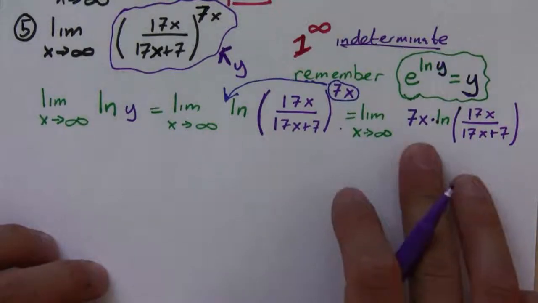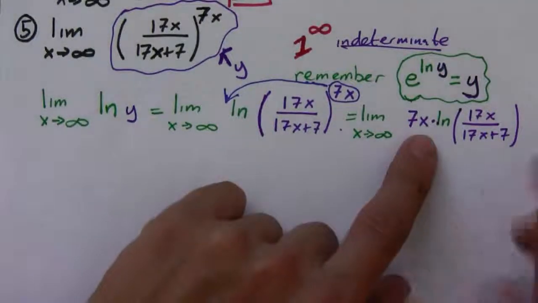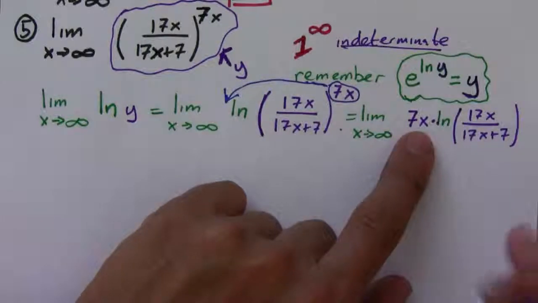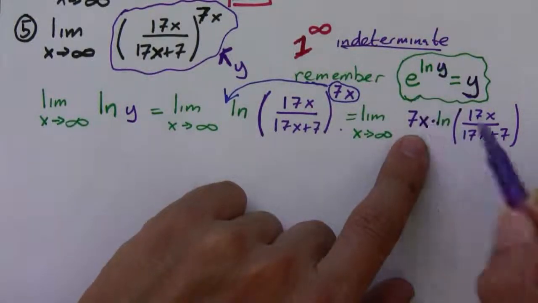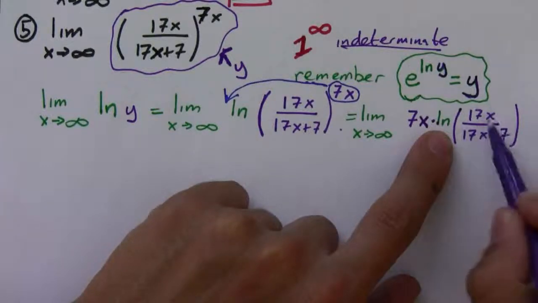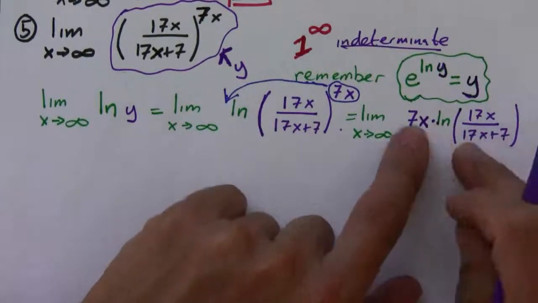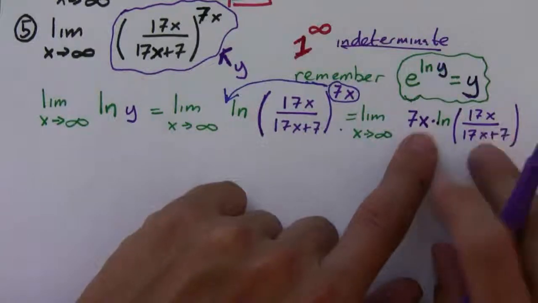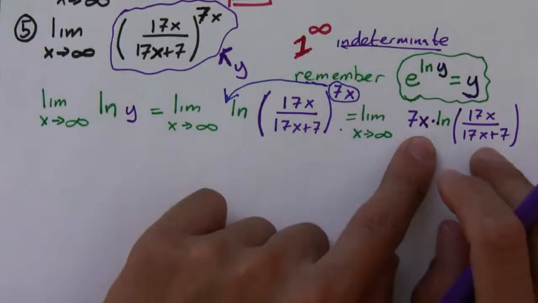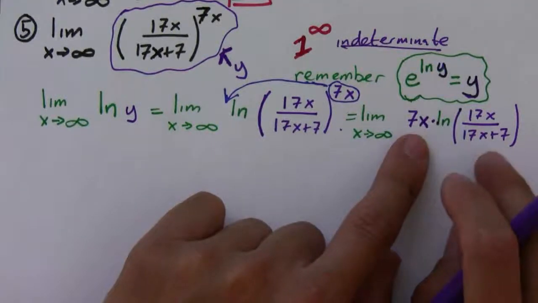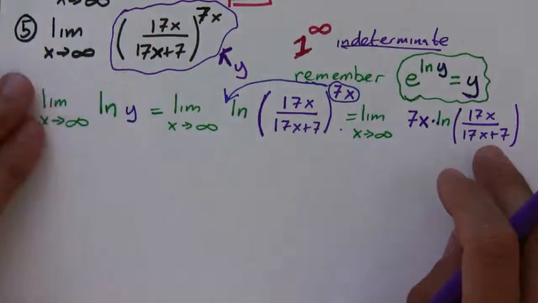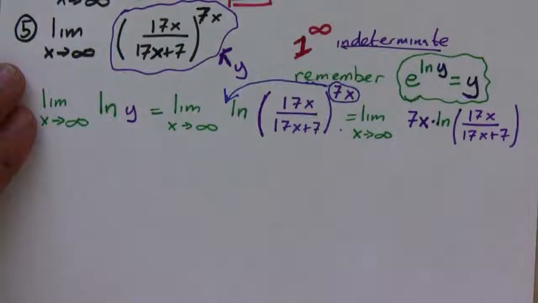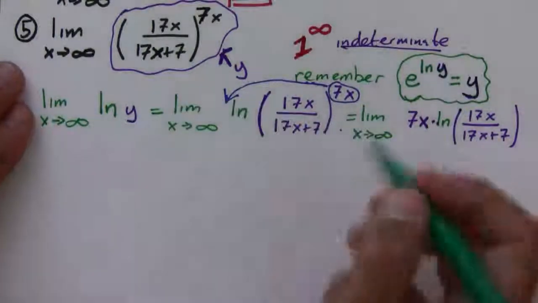Now notice here, if you plug in infinity, this guy is going to infinity, and the inside is going to 1, and the natural log of 1 is 0, so you get infinity times 0. And that's indeterminate. But here you can use the same little trick that we used in the previous problem, where we did the backwards tortilla.